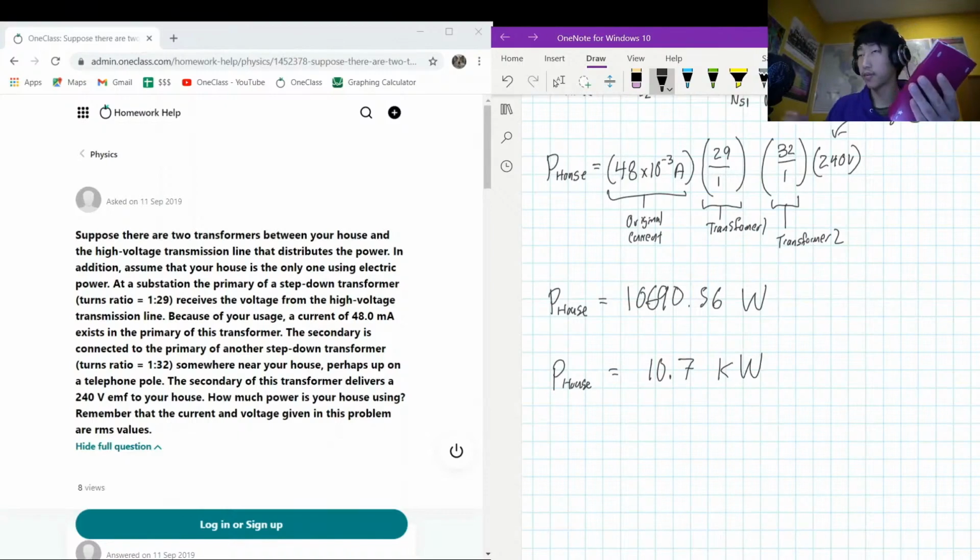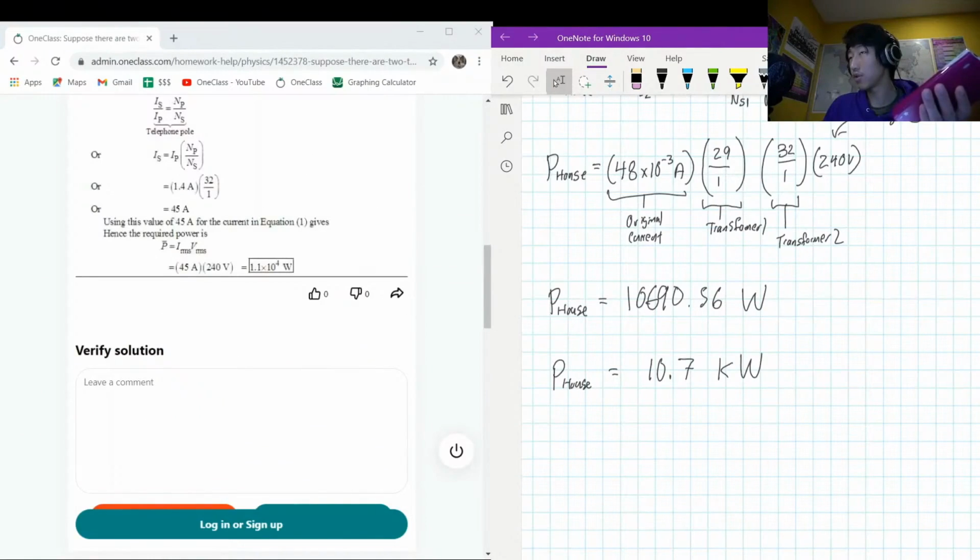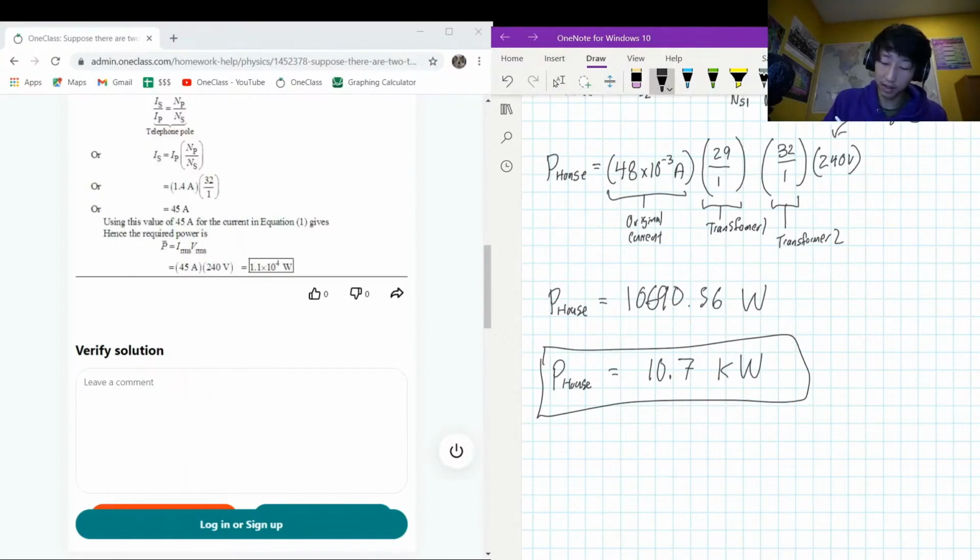kilowatts. Okay, kilo, you know, if you divide by 1,000, we can just add a kilo to make it a little bit easier to write. Okay, and we came to pretty much the same number here. It's just a rounding thing and significant digits, but otherwise this would be how we find the power of the house, and this is our final answer. Big happy face. Very powerful power calculation.